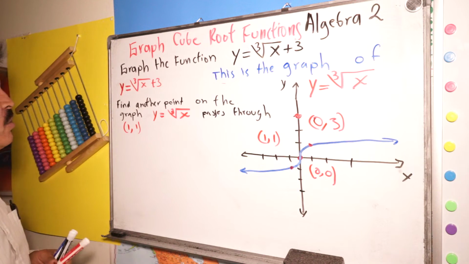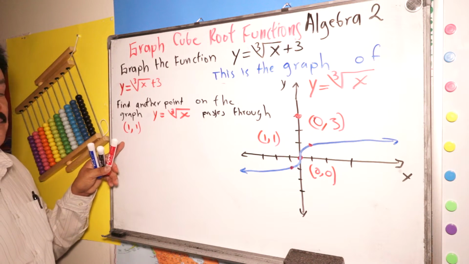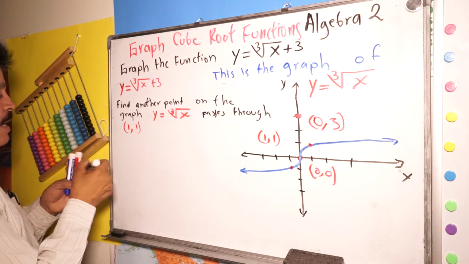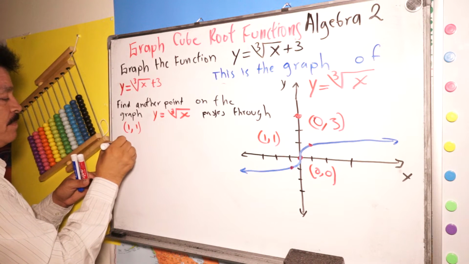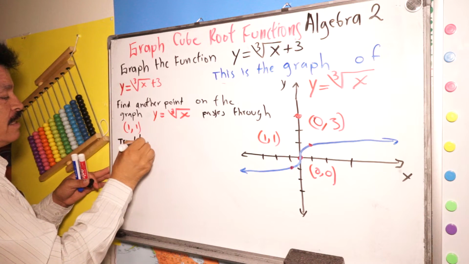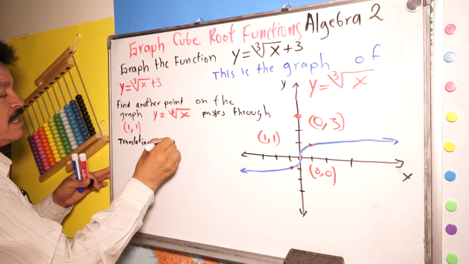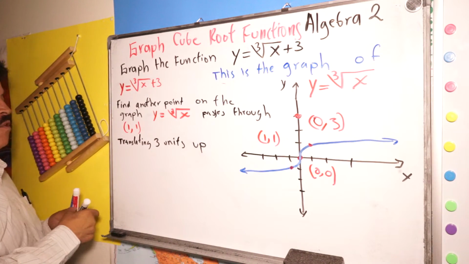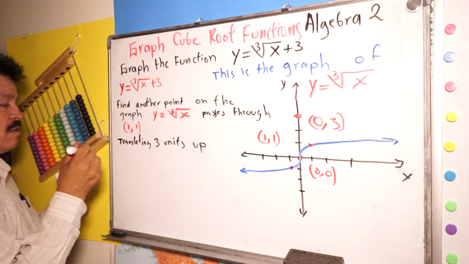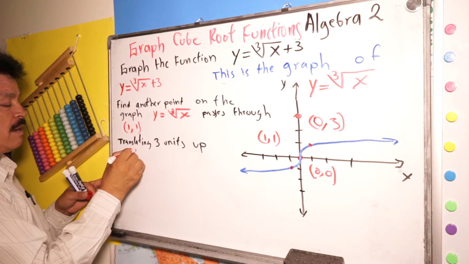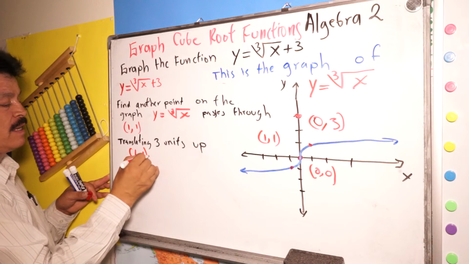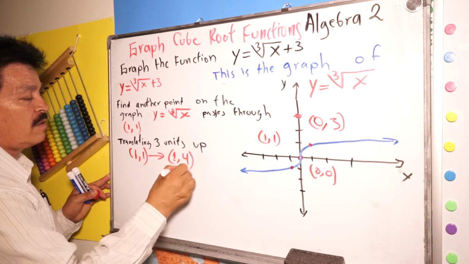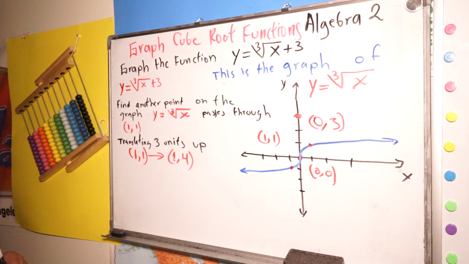So the translation here is 3 units up. Let me write, translating 3 units up, I mean from this point 1, 1 through to 1, 4 here.